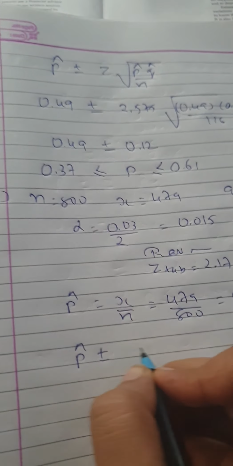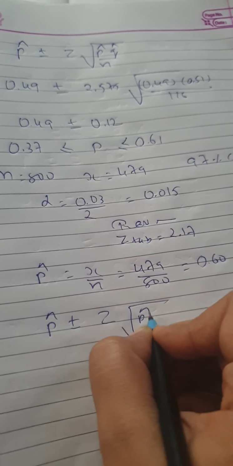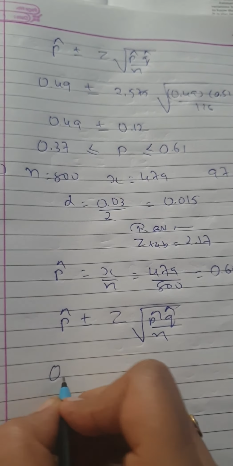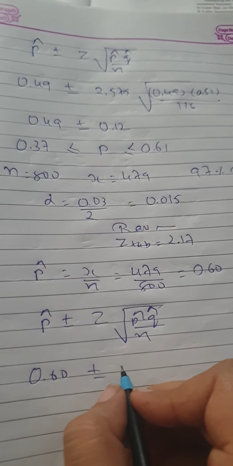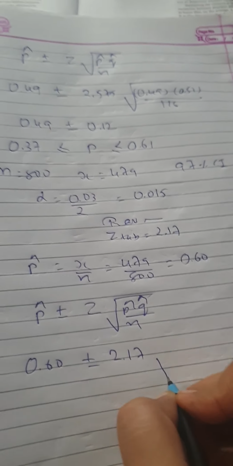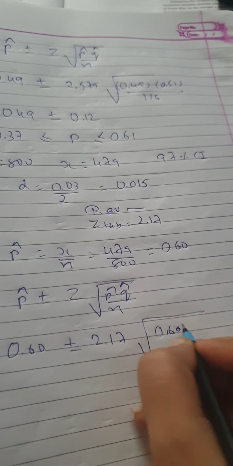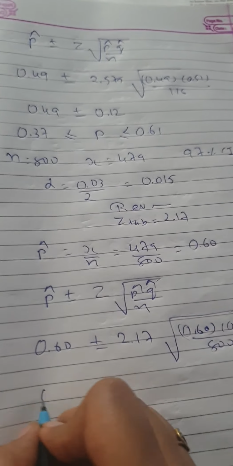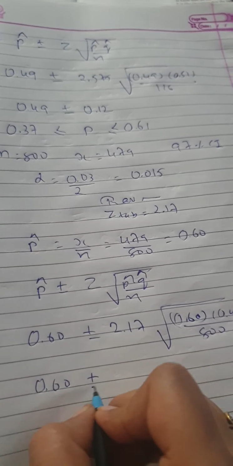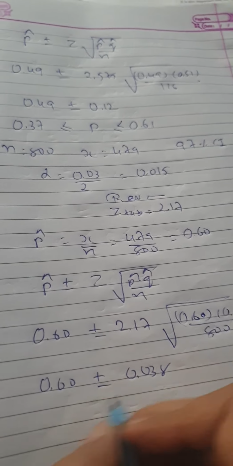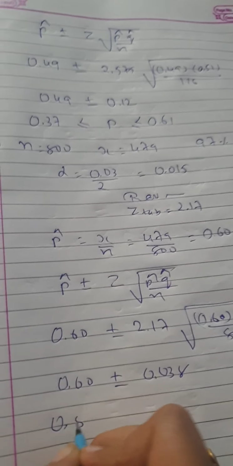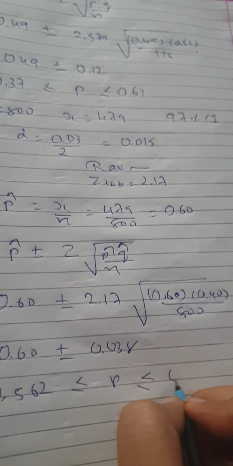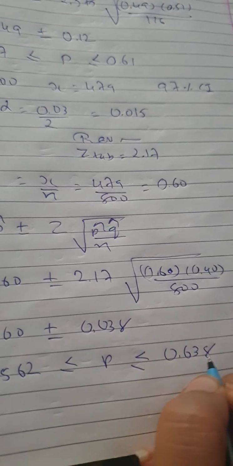Then P cap plus or minus Z under root P cap into Q cap upon N. Your P cap is 0.60 plus or minus 2.17 into 0.60 into 0.40 upon 800, so 0.60 plus or minus 0.038, so your value will be 0.562 less than or equal to P less than or equal to 0.638.